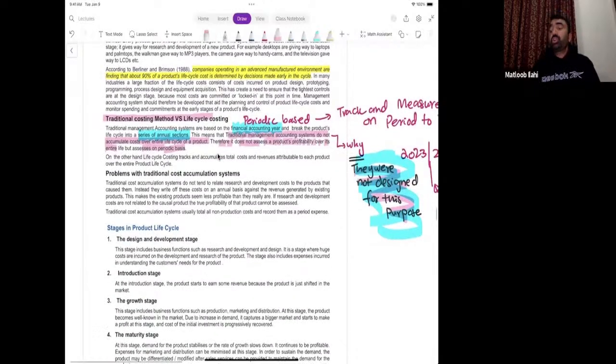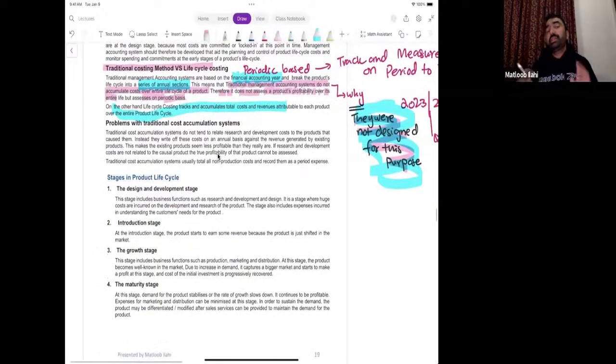Okay. So on the other hand, life cycle costing tracks and accumulates total costs and revenues attributable to each product over the entire product life cycle. Okay, so that is the story of life cycle.